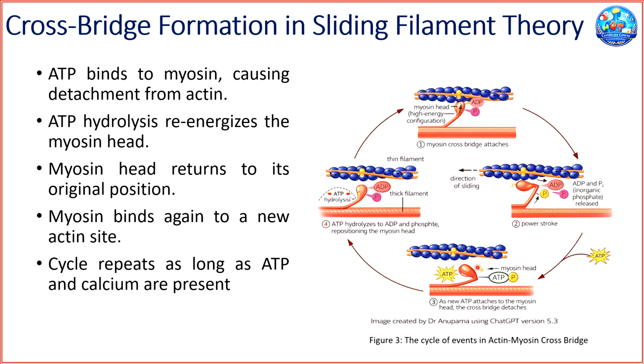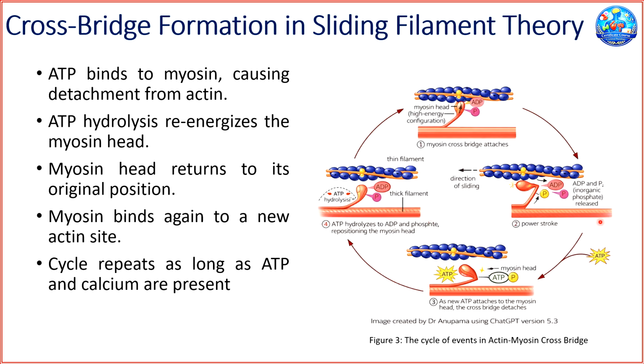Once again ATP will bind, then ATP is hydrolyzed, giving rise to ADP and phosphate. Now again this changes the orientation. The myosin head with the high energy goes and binds to the myosin binding sites of the actin filament. So this is a cycle of events which are taking place.